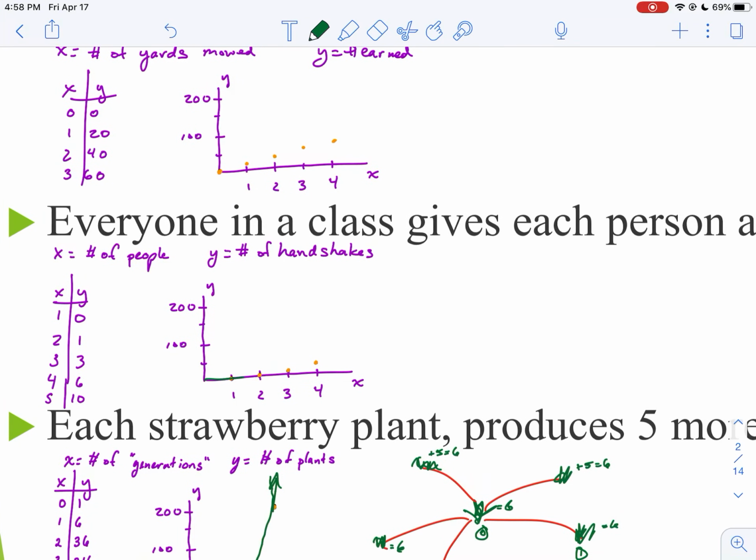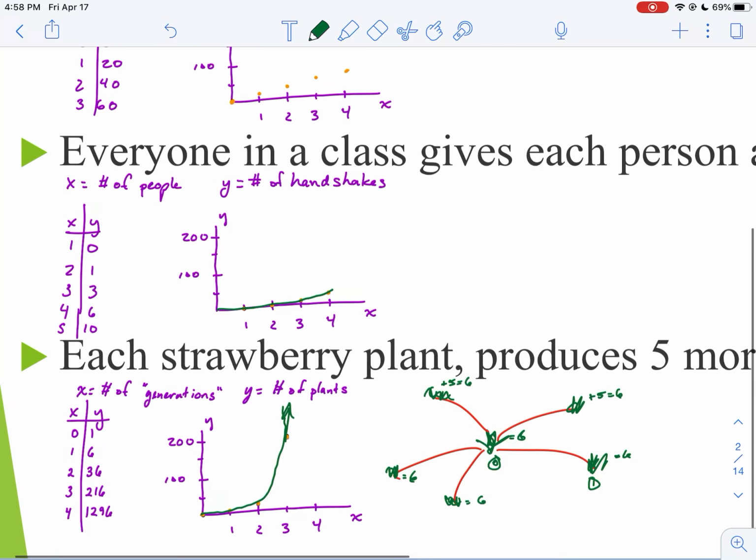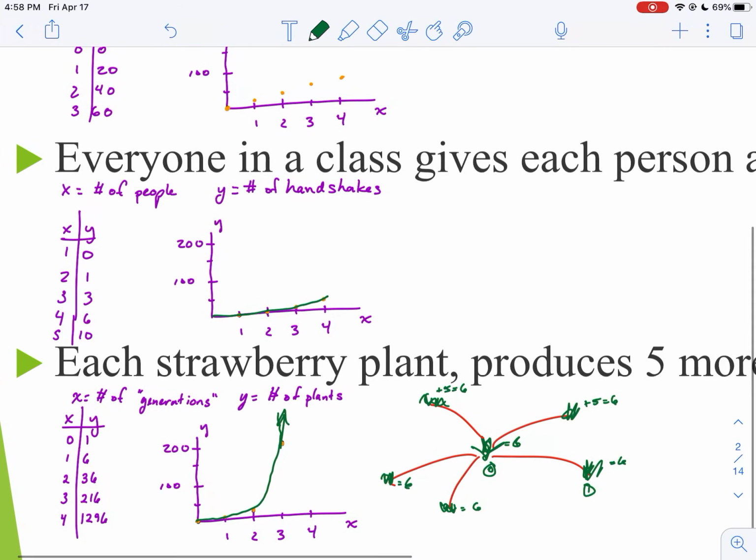This one starts off really slow compared to that one, and it takes a while to take off. Now it will eventually curve up quicker, but it is going to take a while. In fact, probably not even that quick. It's probably going to come out even more before eventually it will come up.